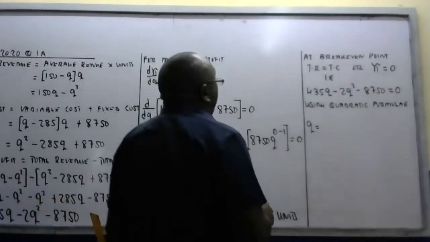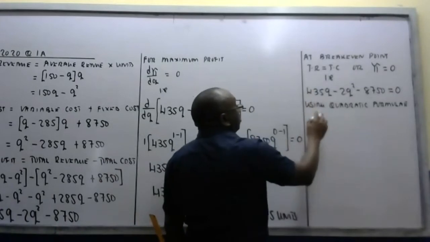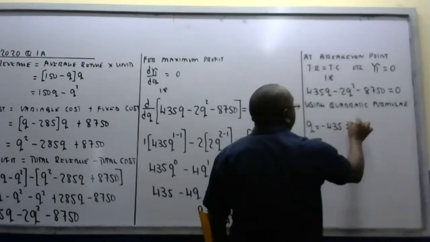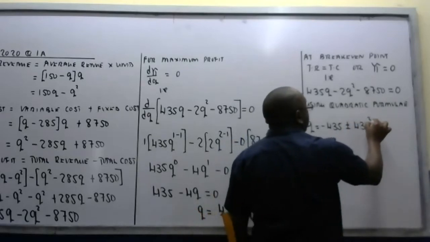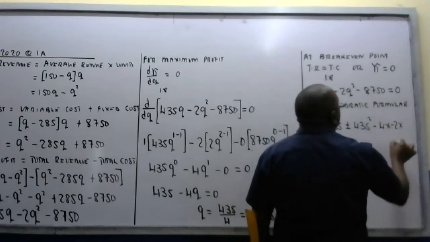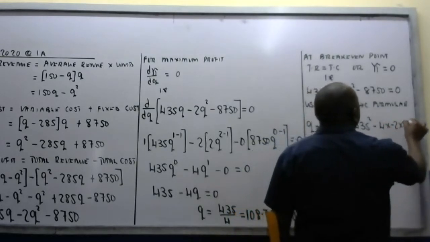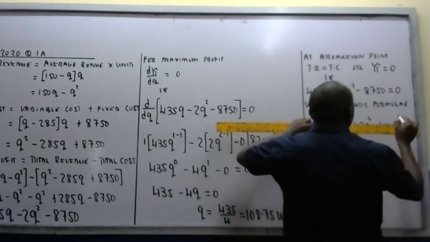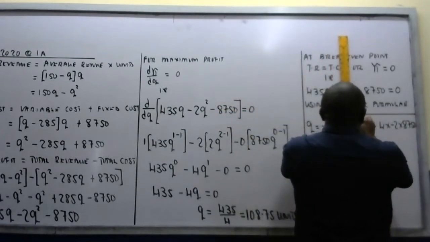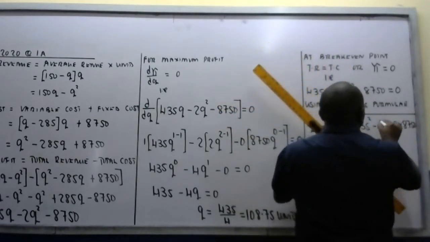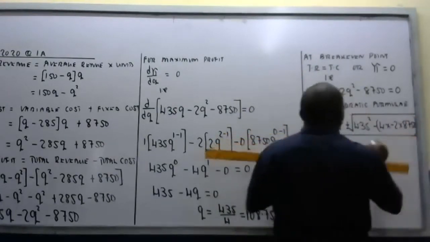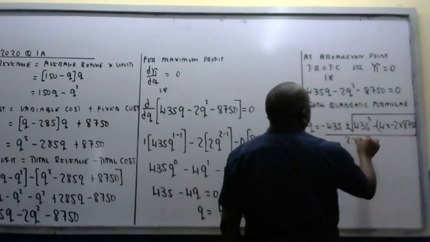So minus b, our b is this one, so it will be minus 435 plus or minus the square root of 435 squared minus 4 times a, a is minus 2, times c, c is 8750. You divide all this by 2 times a, a is minus 2.